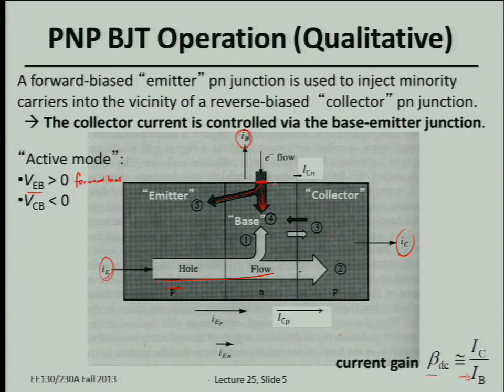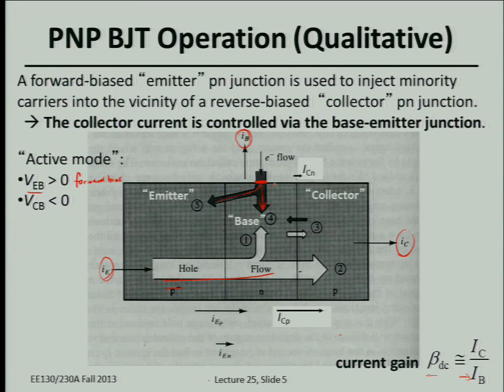You want the quasi-neutral base region to be relatively short. The diffusion length is typically maybe 10 microns or more, so the base region is usually less than a micron. Very good. Those are the main components of current flow.